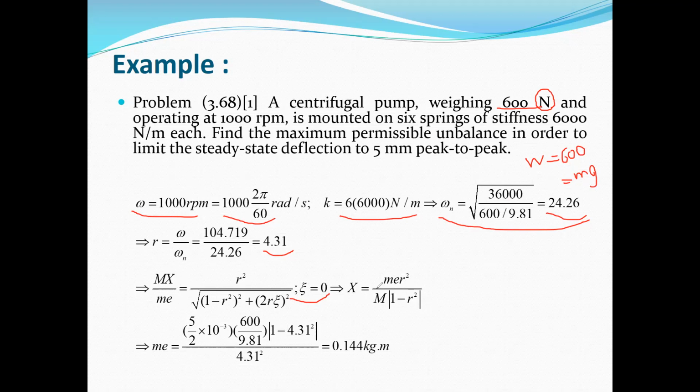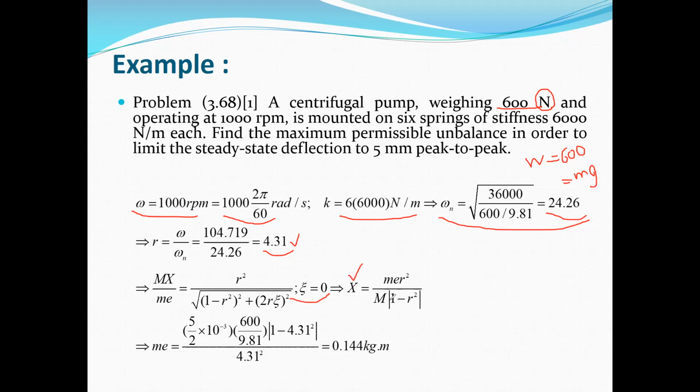As you can see, x is equal to m e r squared divided by the total mass of the system multiplied by the absolute value of 1 minus r squared. R is obtained here. We have the maximum x, which is 5 divided by 2.